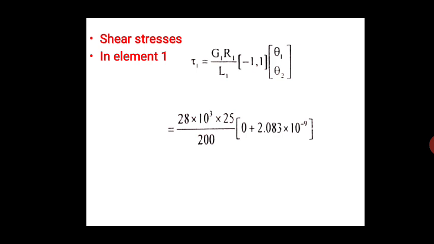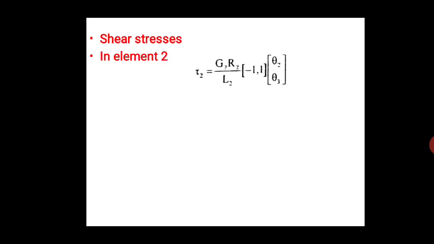By solving the above equation, we have the torsional shear stress for the first element as 7.29 into 10 raised to minus 6 Newton per mm square, and in terms of meters, 7.29 Newton per meter square.